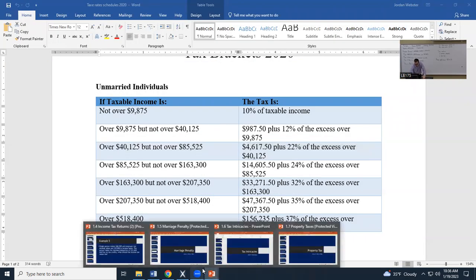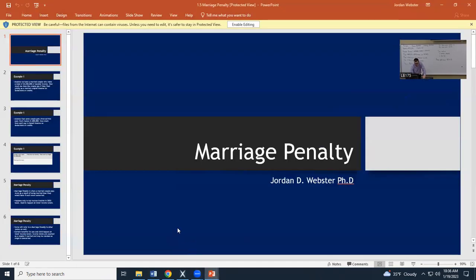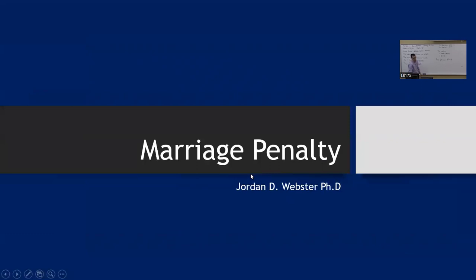That's a very similar example, so I'll skip that and go straight to the next section. So I skipped example 5 if you're following along in the notes. I'm going to go straight to the next section, which is about what people call the marriage penalty.